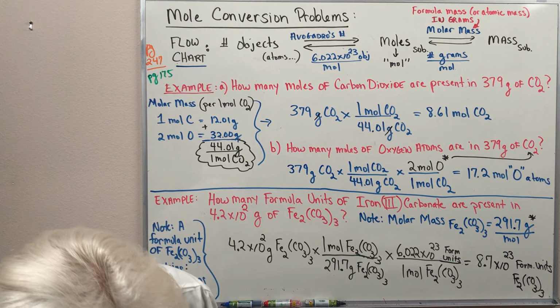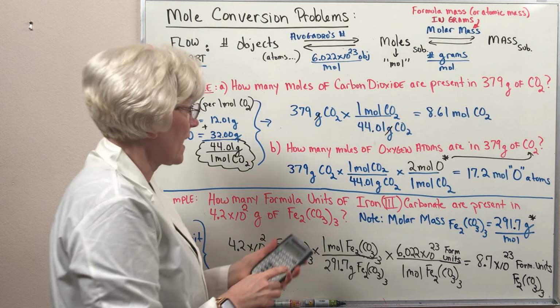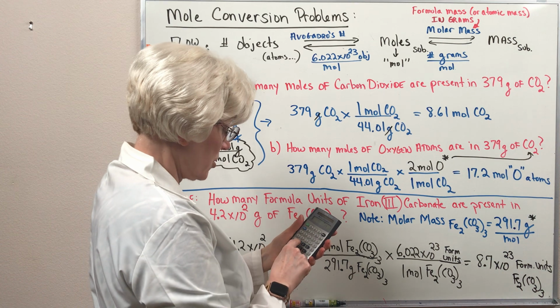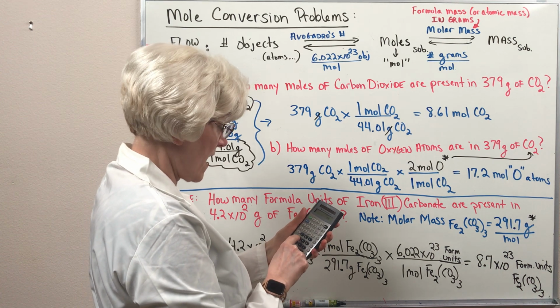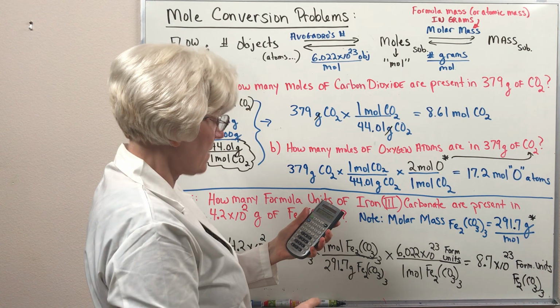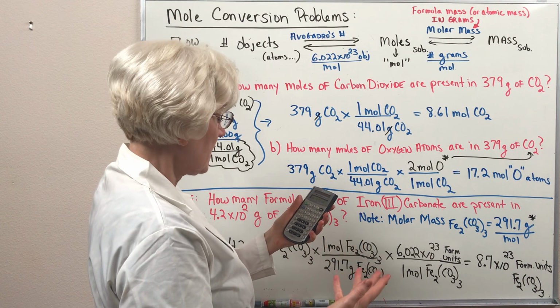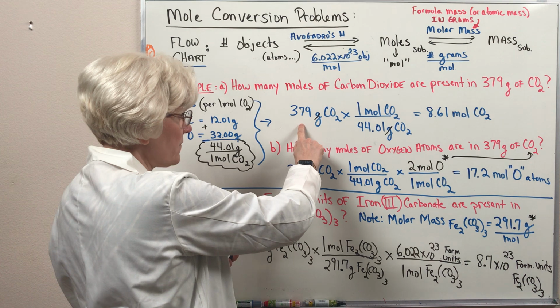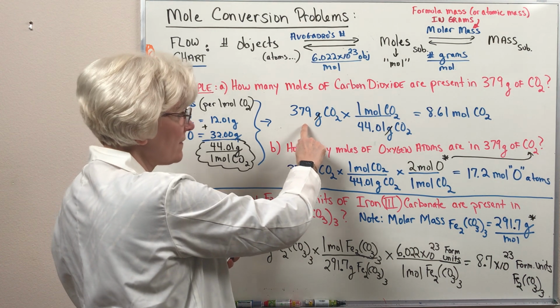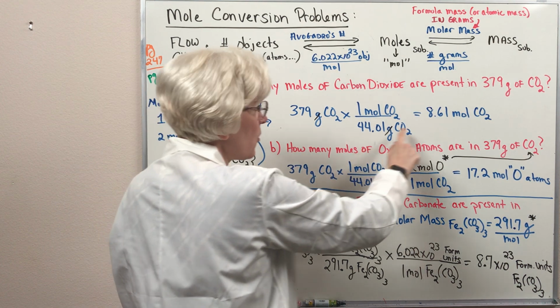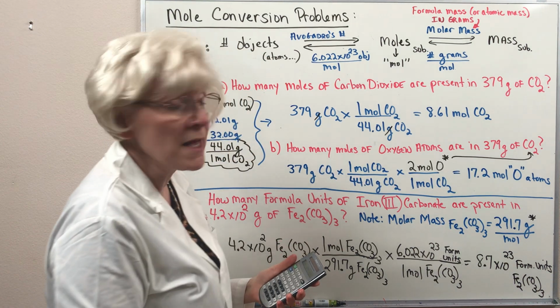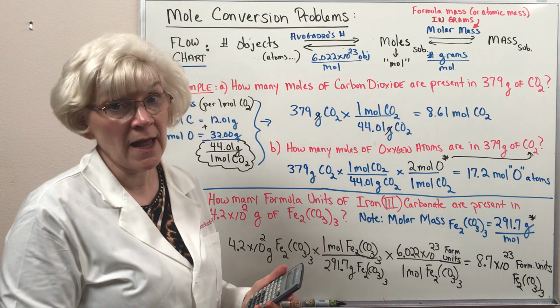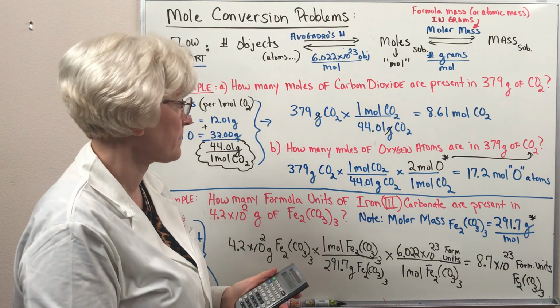Whenever you're doing a calculation, it's a good job to just double check that value. So here I am double checking it and checking my sig figs. I see that I have 3 sig figs in this mass, 4 sig figs in the molar mass, so I'm expressing the moles of carbon dioxide to 3 sig figs.